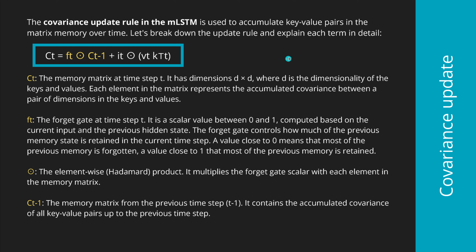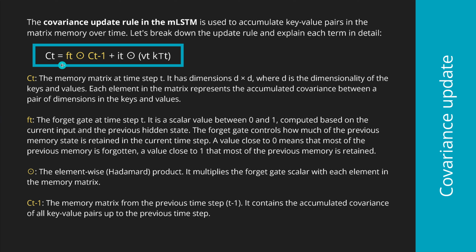Now, the formula is not complex at all. Let's focus on the first part in yellow. We go through each element, and then we will focus on the second part. This is called the covariance update rule in a matrix long short-term memory model. Okay, let's start. We have our new state of the memory matrix at the time step t, of dimension d by d, the dimensionality of the keys and the values, and each element in the matrix represents the accumulated covariance between a pair of dimensions in the keys and the values.